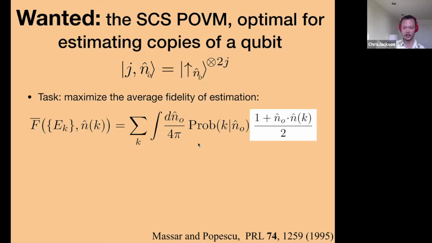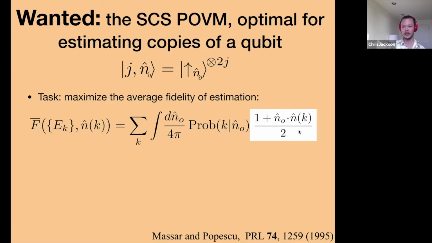So just to parse this a little bit. This is an average over all possible values n naught could take. This probability is calculated according to quantum mechanics. And this is just a quantity that is 1 when you guess perfectly correctly. So n hat of k is going to be the guess you make given the outcome k of whatever measurement you decide to do.